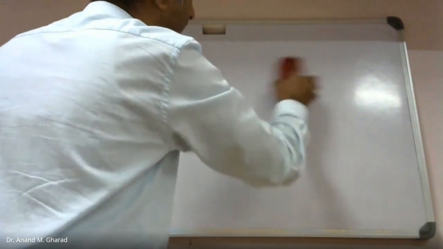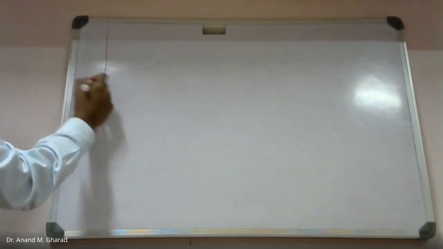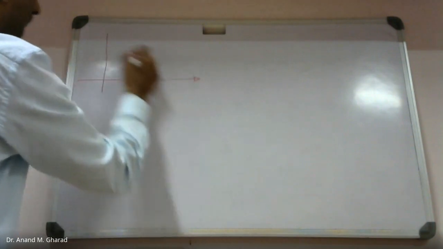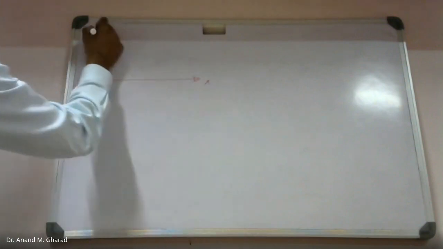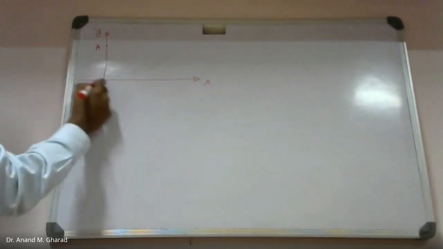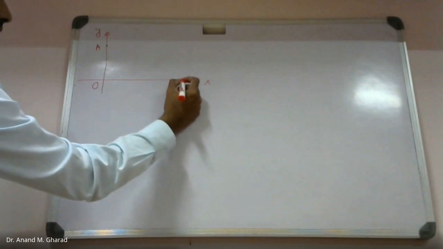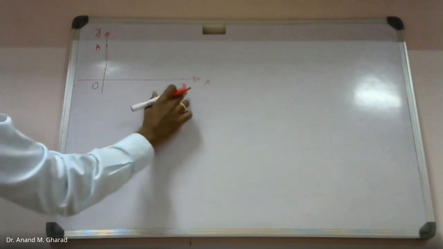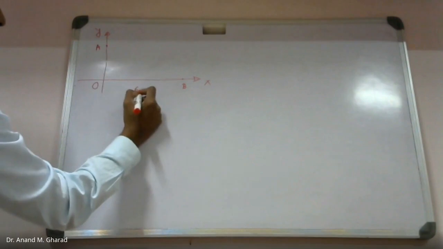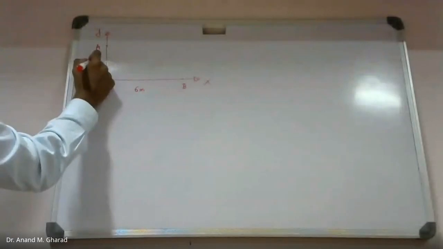So a few things are given. X, y-axis, and at this location is point A, this is O, and this is point B. The distance between point O and point B is given as 6 meter, whereas point O to point A is given as 3 meter.